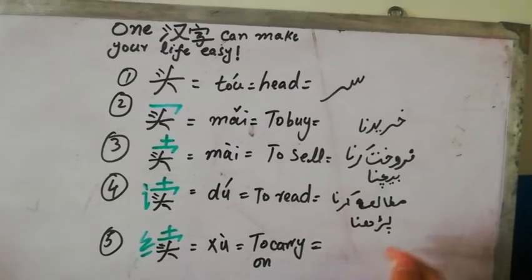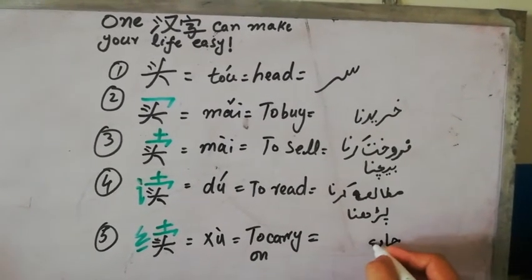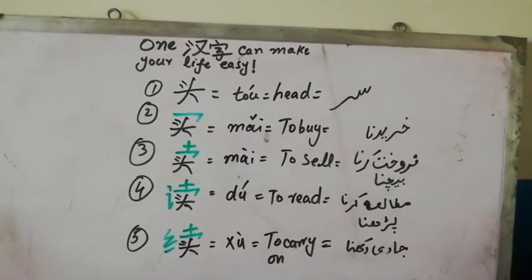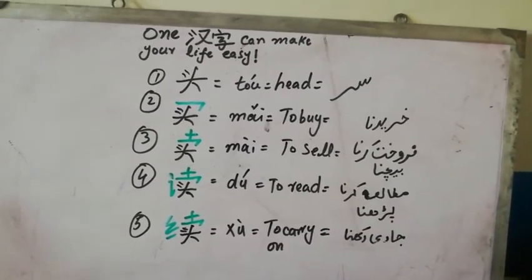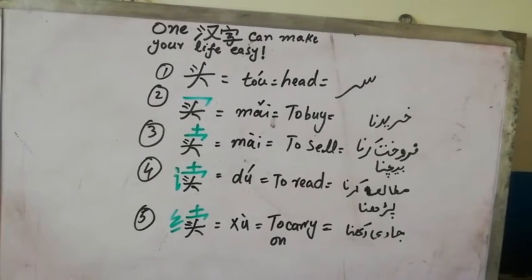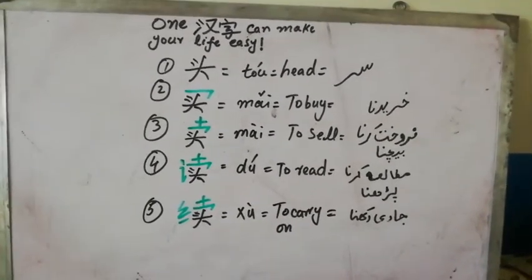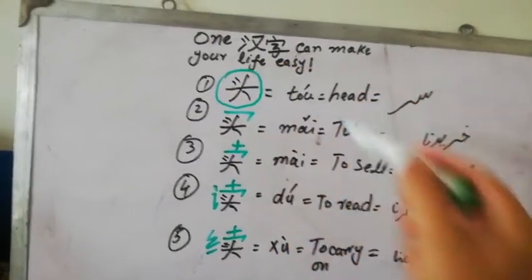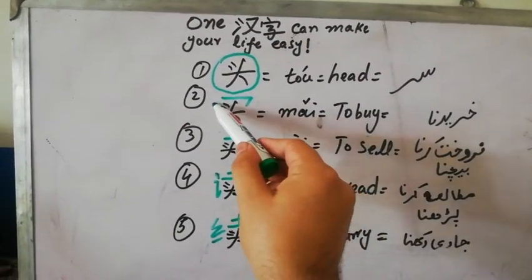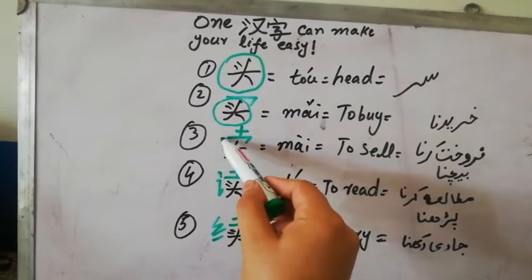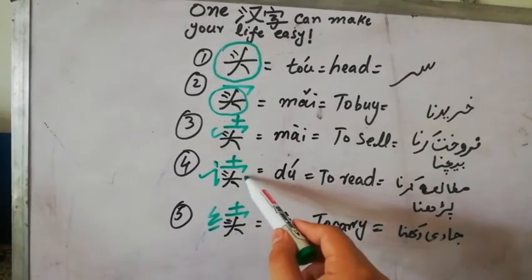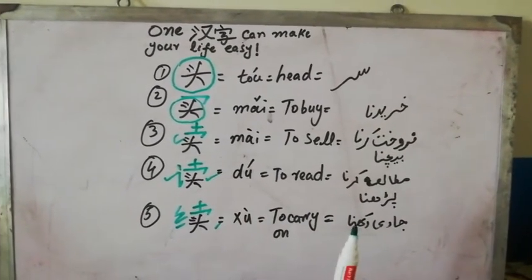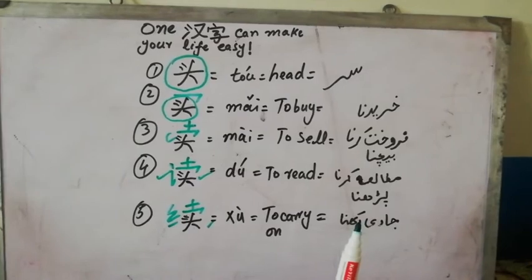Ji, jari rakhna in Urdu, to carry on something. 继续加油, keep carrying on your hard work. 继续加油. So you saw that we just memorized this one Chinese character and we learned all these characters. See? One character made our life easier.